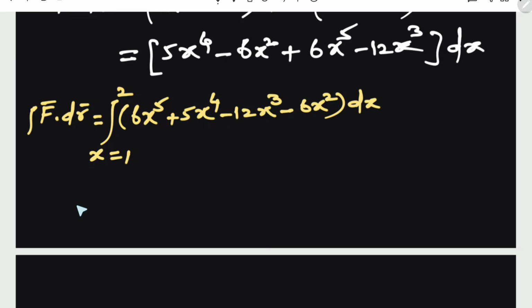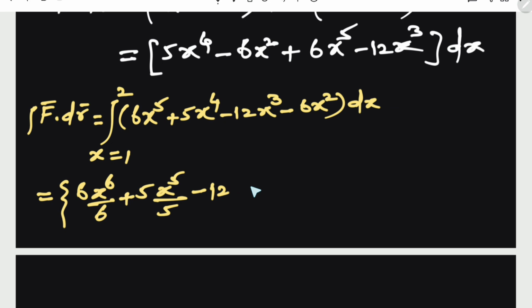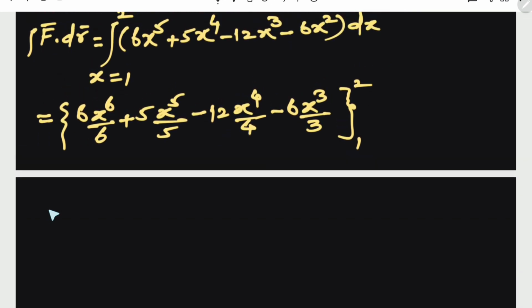Integrating each term with respect to x, between the limits x equals 1 to x equals 2, we get 6x raised to 6 by 6, where 6 gets cancelled, then plus 5x raised to 5 by 5, where 5 by 5 gets cancelled, minus 12x raised to 4 by 4, where 4 threes are 12, we get 3 times x raised to 4, and 6x cubed by 3, we get 2 times x cubed, between the limits 1 to 2.